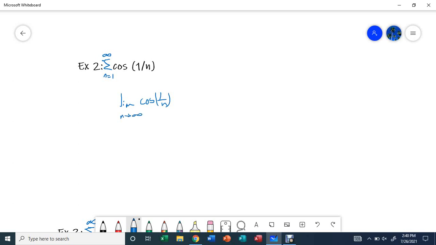Same thing here, 1 over n goes to 0, so cosine of 0 is 1. And 1 is not equal to 0. So the series cosine of 1 over n diverges by the nth term test.